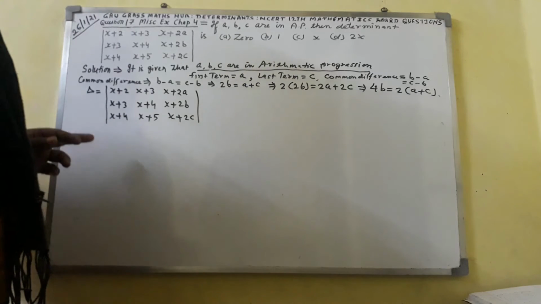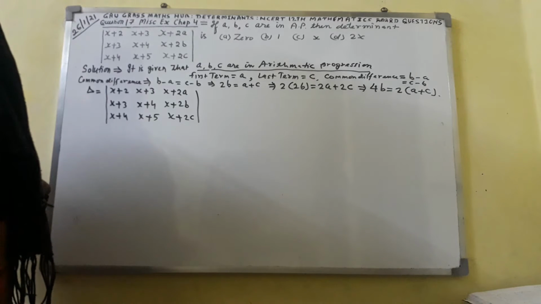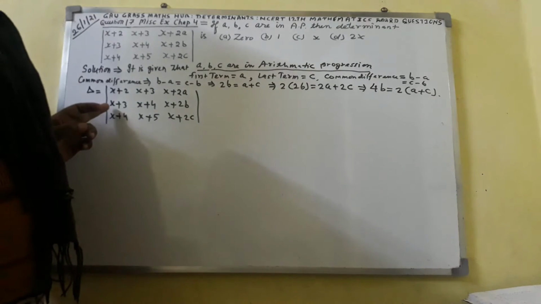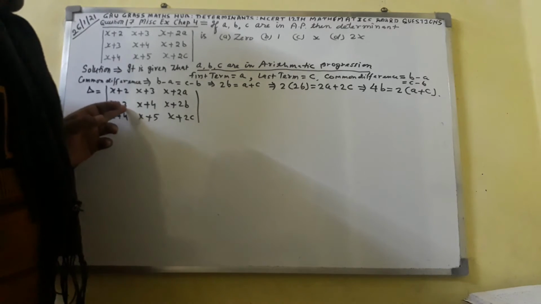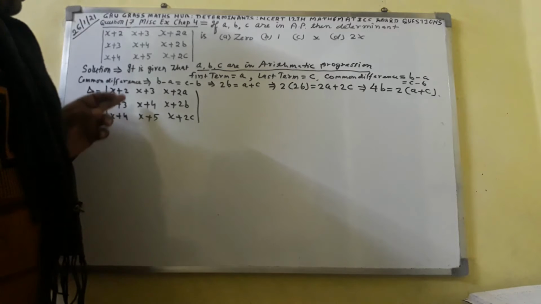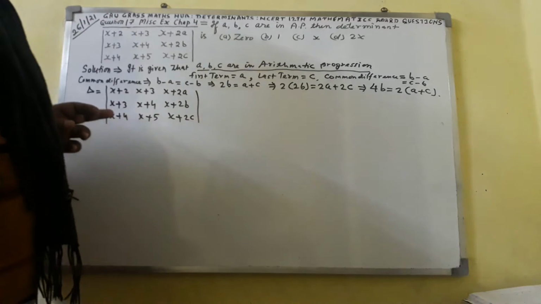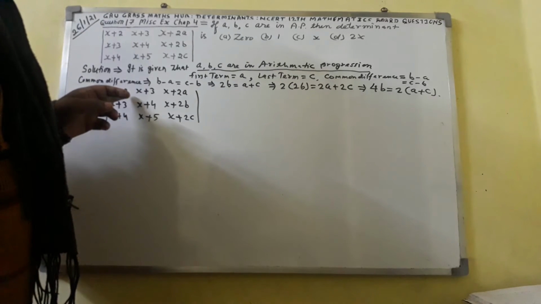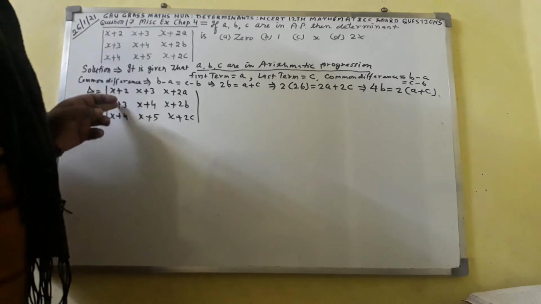In this determinant, look at the second row. Twice the second row gives 2x plus 6 in the first entry, minus this one, 4 plus 2 comes out to 6, so it comes out to 0.